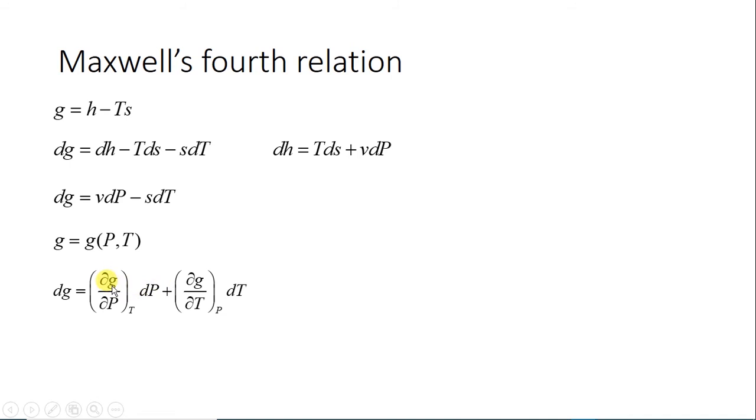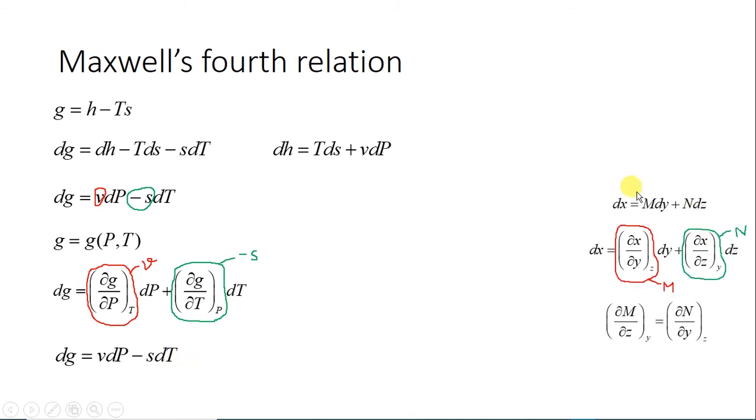Now again you can compare this, dou G by dou P when temperature is held constant is specific volume. Similarly, dou G by dou T when pressure is held constant, it is minus of specific entropy. So it is similar to dG equal to V dP minus S dT.